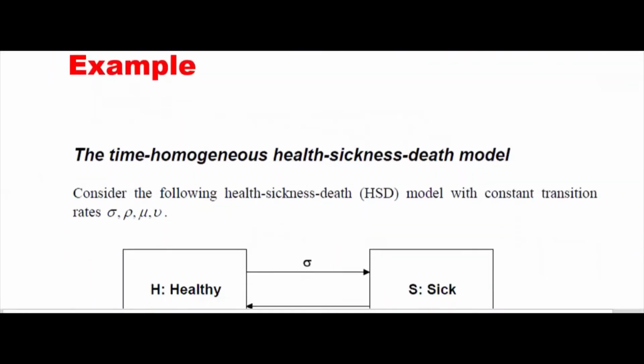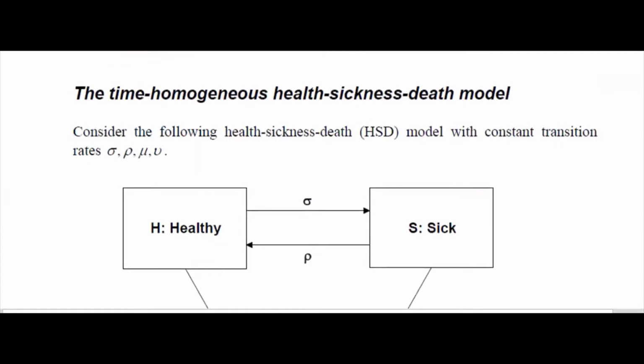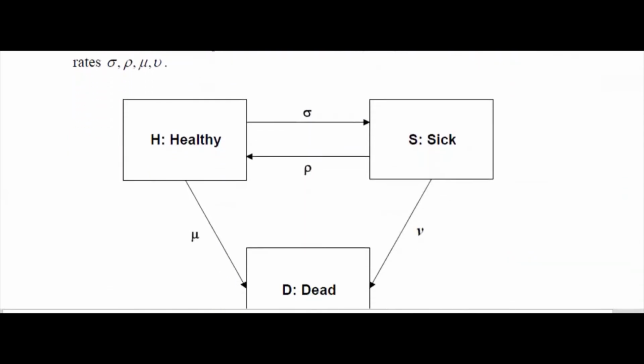Let's go back to the 3-state model, health, sickness and death model. Someone is healthy, that state is H here, and sickness here, death here, and all the intensities are given. These intensities, how you know these intensities, that's a separate thing.